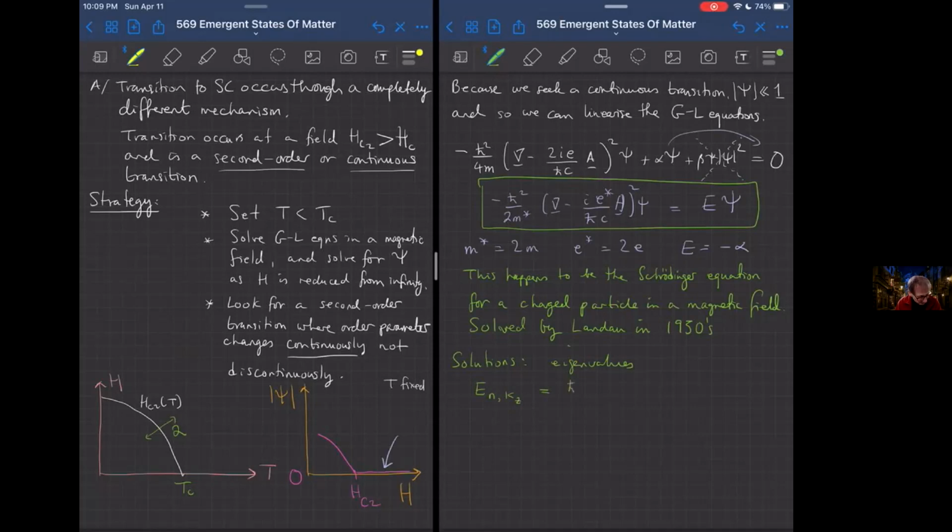So this is h bar squared kz squared over twice the mass of the particle plus n plus 1/2 e star h bar h over m star c. So those are the energy eigenvalues, and in this expression here, h is the curl of A as usual, and we've assumed that it is of magnitude h going up the z-axis.